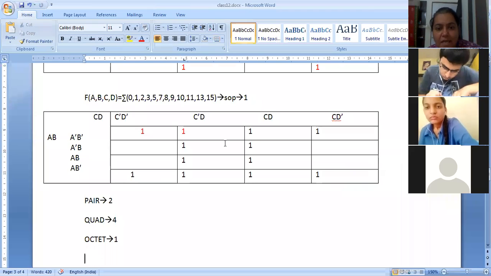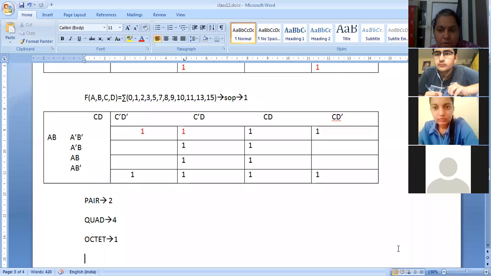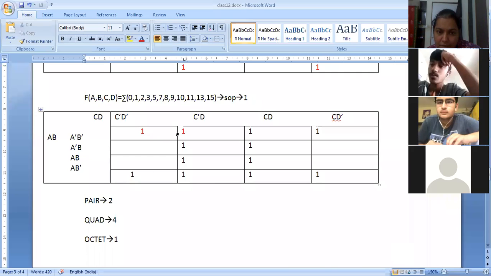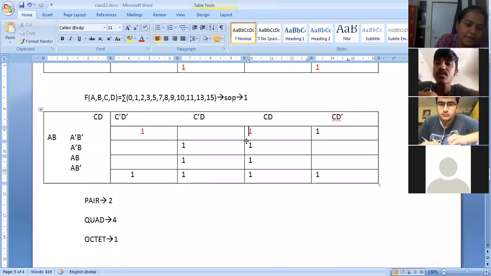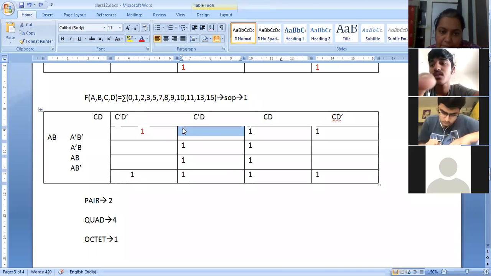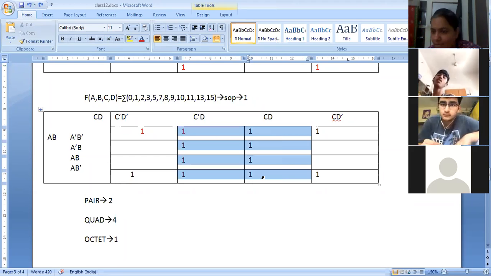Now, can you see another octet here? Anyone? Yes, Dara, unmute yourself if you want to speak something. C bar D and C bar D, and CD. Sorry, yes. Basically, this with this. Yes or no? There are 8 ones adjacent to each other.